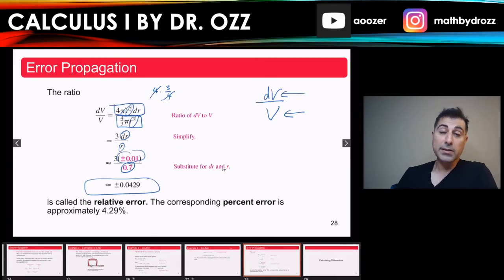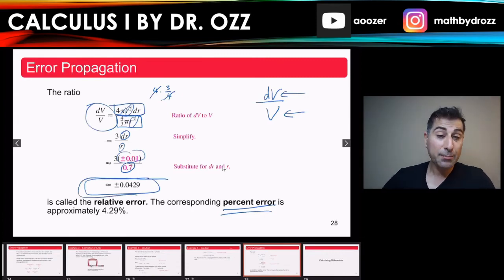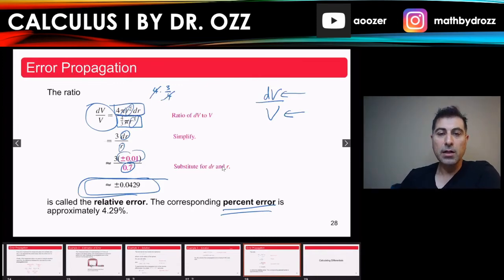That's why I look at the relative error or percent error. It's found by looking at the ratio of the approximated volume divided by the actual volume. So in this case, you have a 4.29% plus or minus error in calculating the volume of the ball.